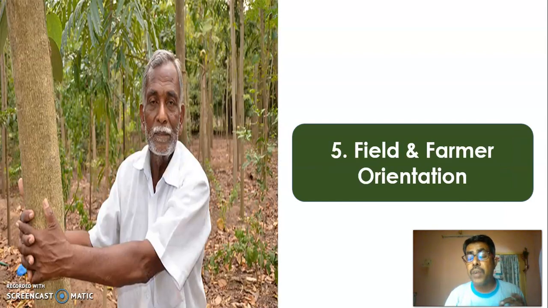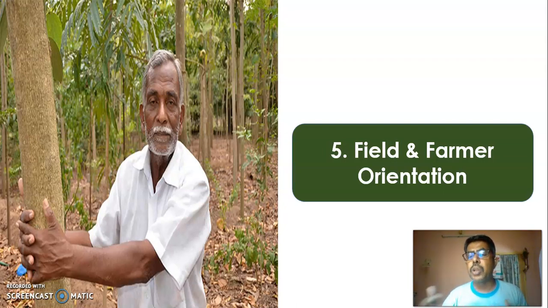And the field and farmer orientation is most important. So the trained agricultural graduates or diploma graduates or trained professionals go to the field and directly meet the farmers very frequently. It means every week they meet the farmers. This kind of frequent meeting creates rapport between the farmers and the extension workers.